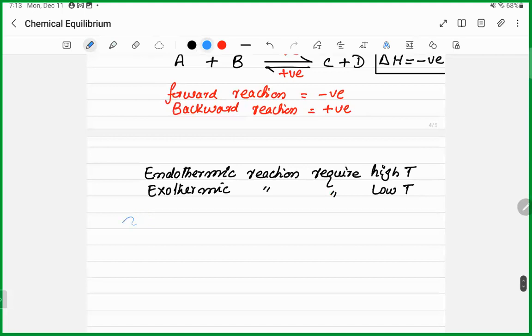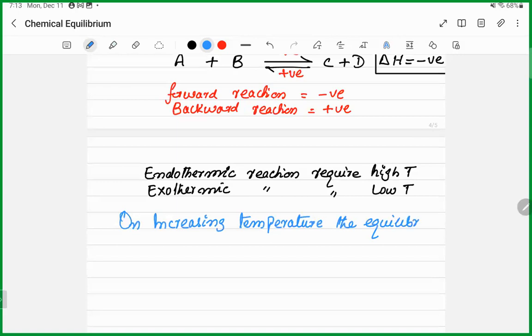So on increasing temperature, the equilibrium will shift towards endothermic side.